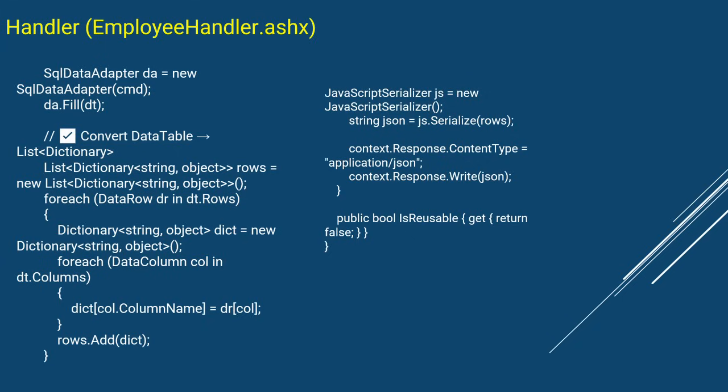It iterates through each data row in the data table. For each row, it creates a new dictionary. It iterates through the columns, mapping the column names as direct dictionary keys and the row values as dictionary values.